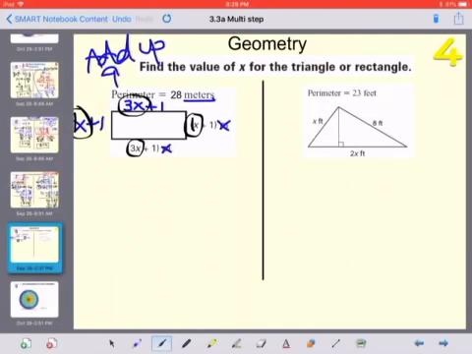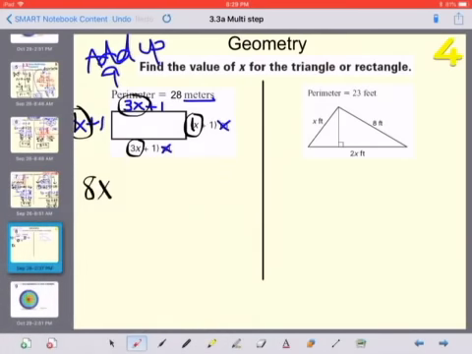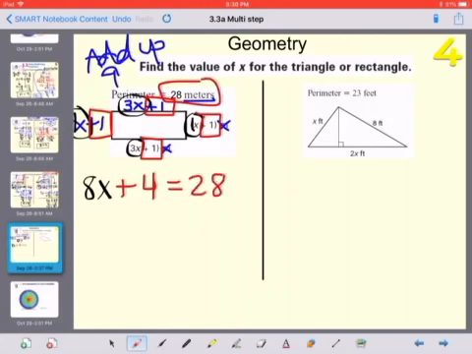So 3 plus 1 is 4, 4 plus 3 is 7, 7 plus 1 more is 8. So we have 8 x's. Then, just our numbers, we have 1 plus 1 plus 1 plus 1, which would be 4. But all of those added up, they told us had to equal 28.